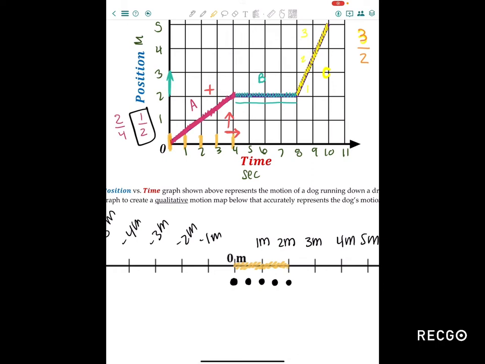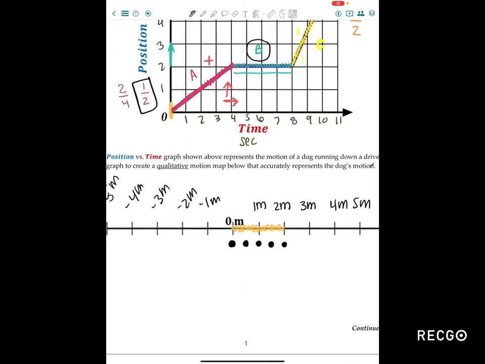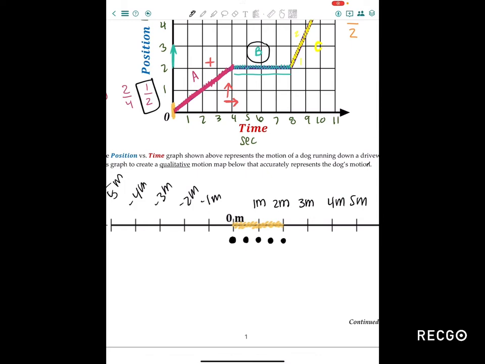Now, when you get to your constant, when you get to your line B that is not moving, you count 1, 2, 3, 4. So line B does not move for 4 seconds, but you need to include this 0 second.